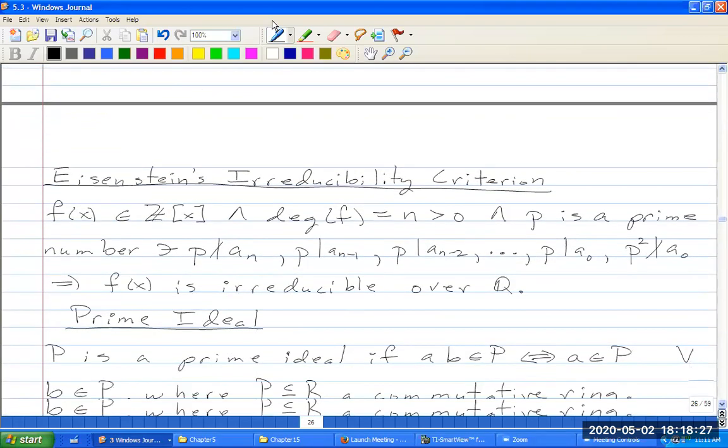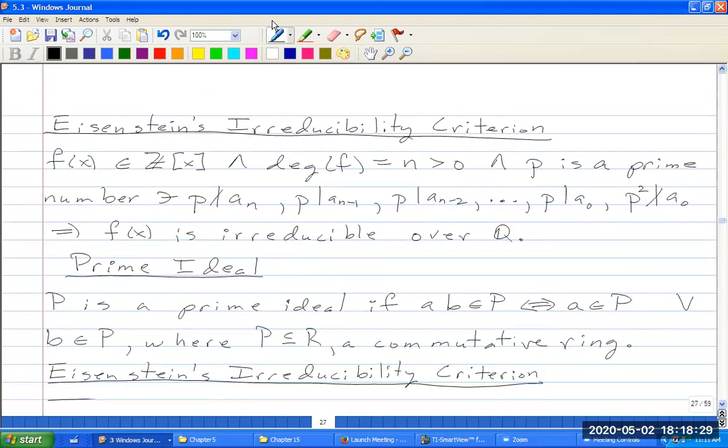Next, Eisenstein. So Eisenstein's irreducibility criterion. This is another irreducibility criteria. Let f of x be a polynomial with integer coefficients, and suppose the degree of the polynomial is equal to n, which is greater than 0.